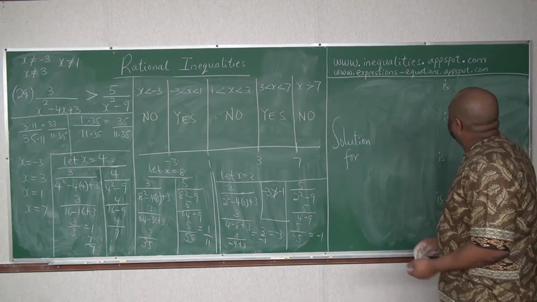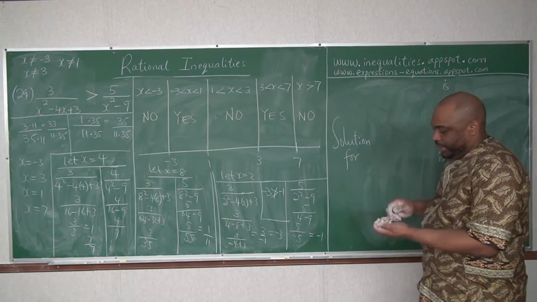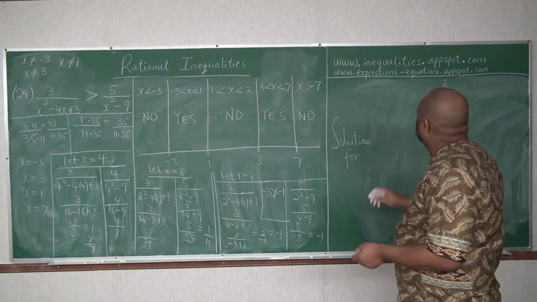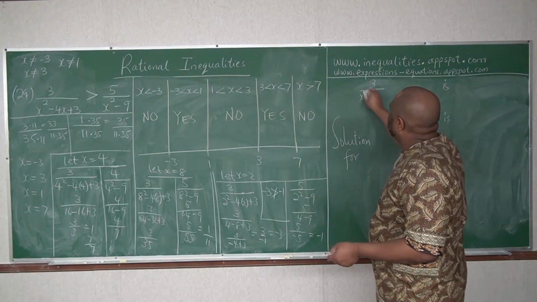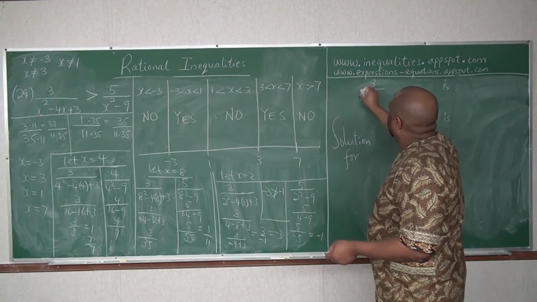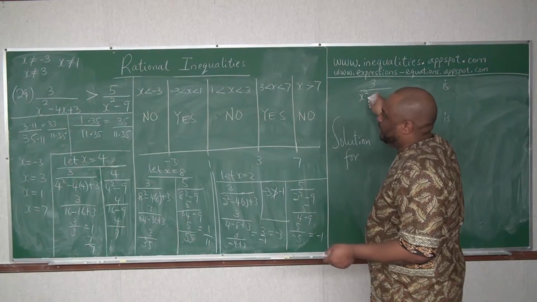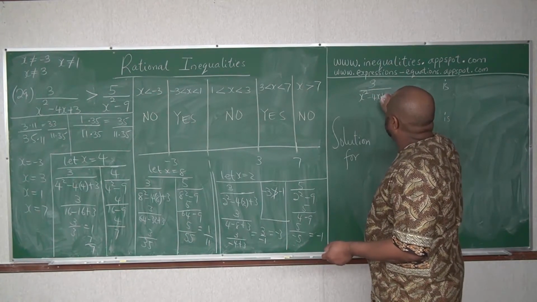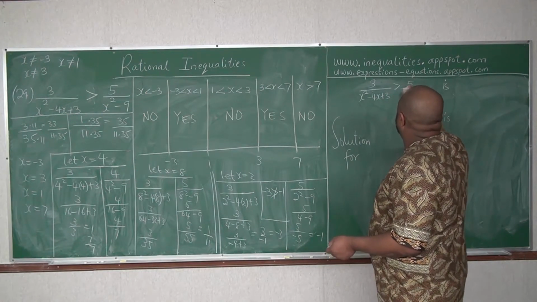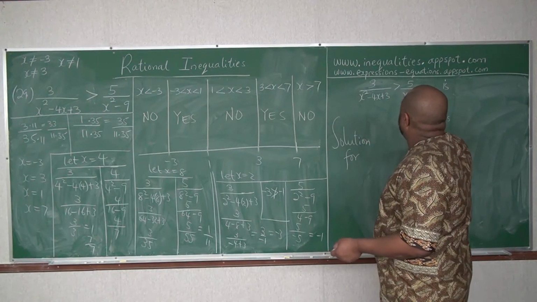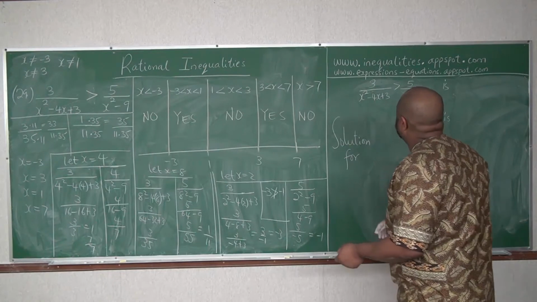Hope you understood it. So we now have the solution for 3 over x squared minus 4x plus 3 greater than 5 over x squared minus 9.